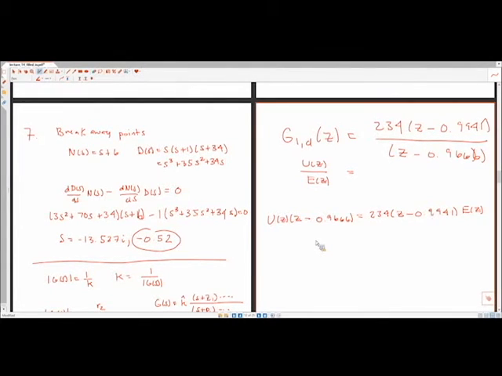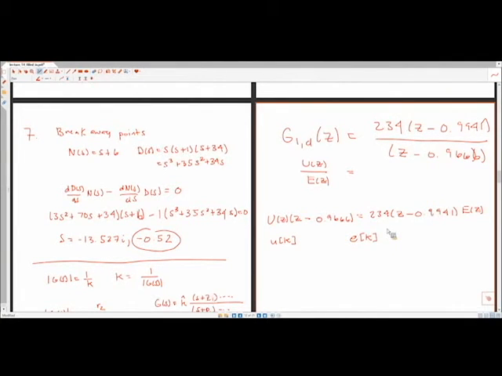So if we have some signal U of K, that is my discrete time signal that's going to be the input to my plant, and I also have a signal E of K, this is stepping in time: time step 1, time step 2, time step 3. That's how a computer works.